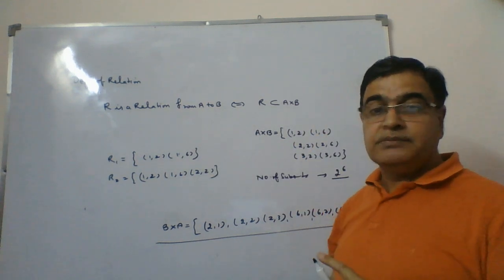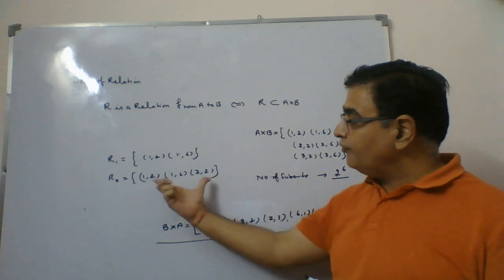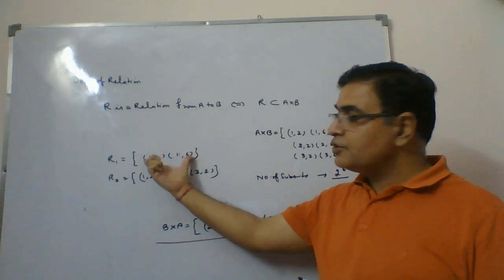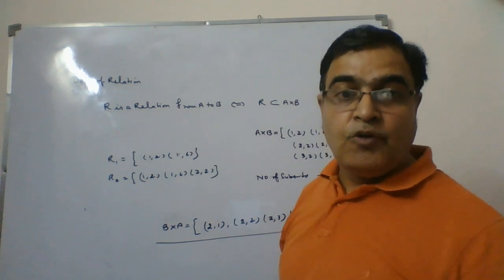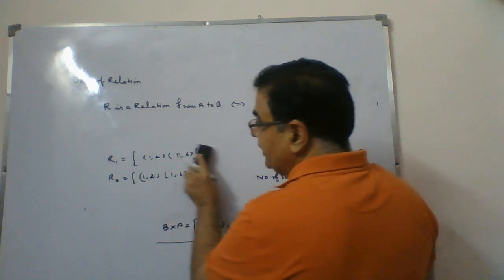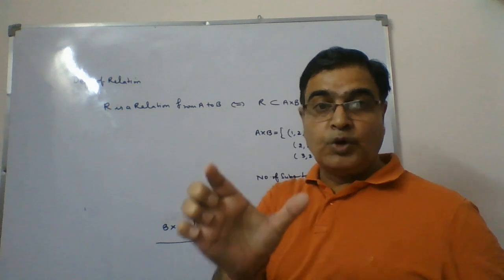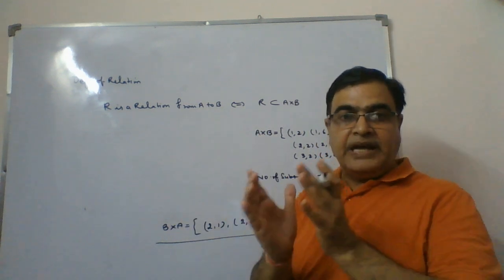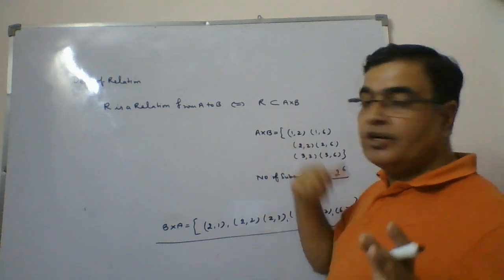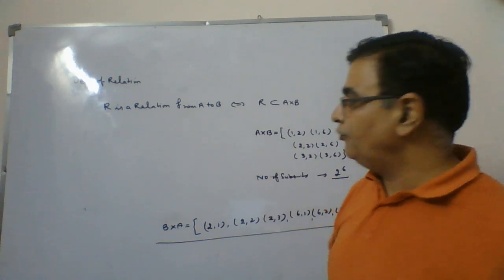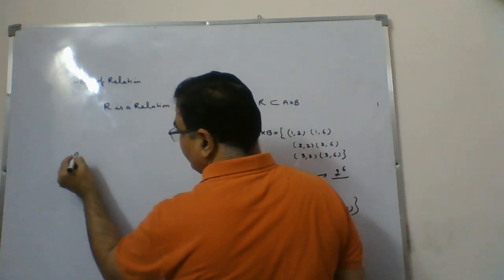Now the question comes, how do we decide that we have taken these 3 pairs or these 2 pairs from this set? In that case, whenever they say relation, they will mention some rule for you. And that rule will decide which elements you are going to take from the ordered pairs and which you are not going to take. For example, they say the relation this way.